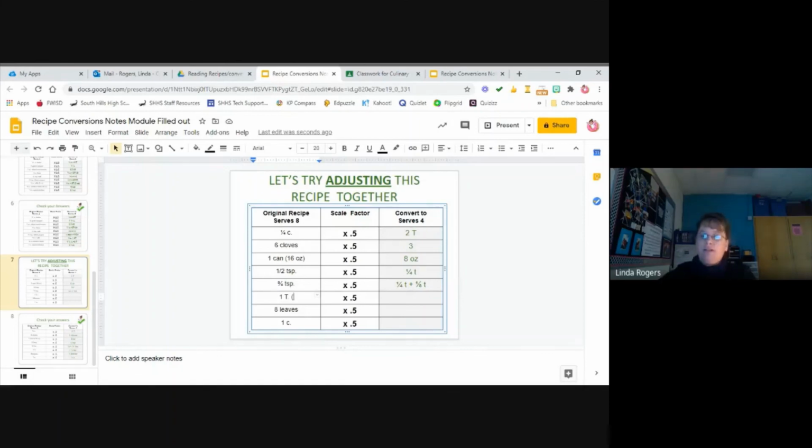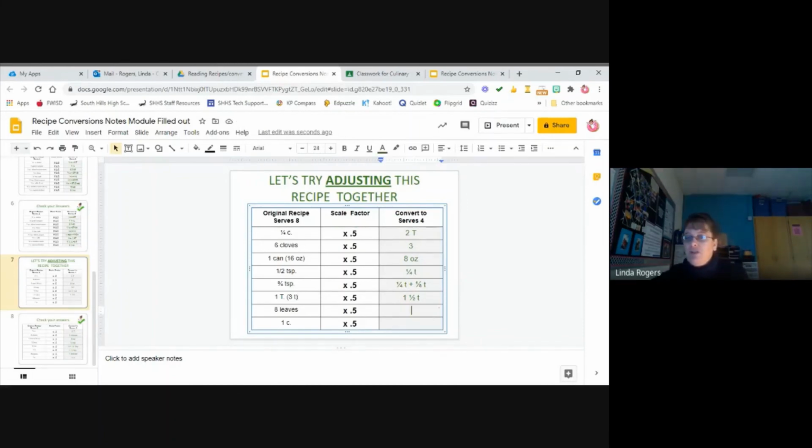That is correct. Yes. So 1.5 teaspoons, because remember, 1 tablespoon is 3 teaspoons, right? So half of the 3 is going to give you the 1.5 teaspoons.